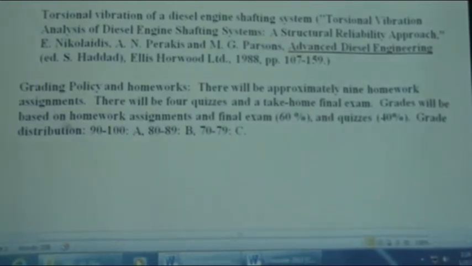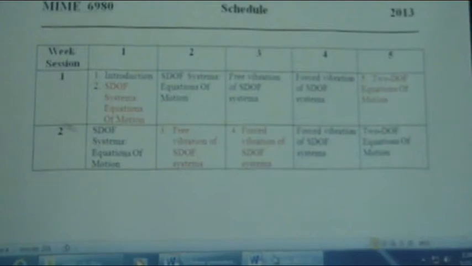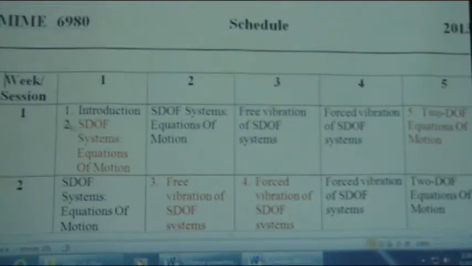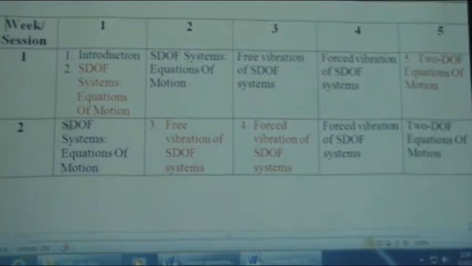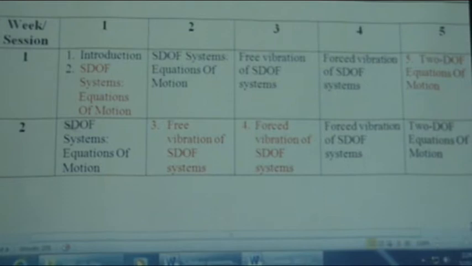So now that we completed the syllabus of the course, let's look at the schedule. This course will typically last between 13 and 14 weeks.